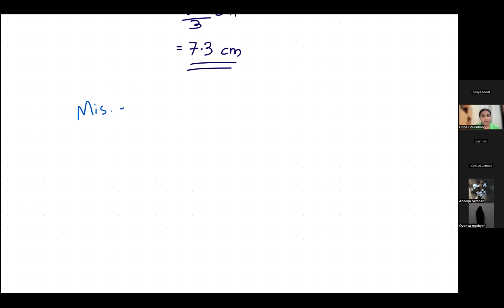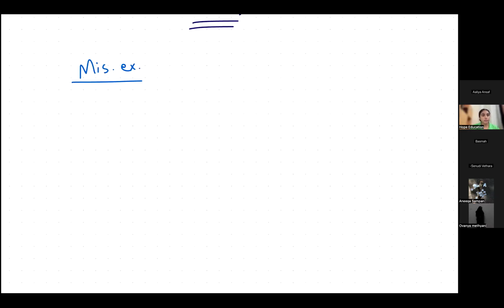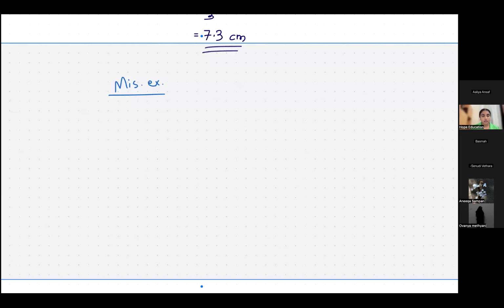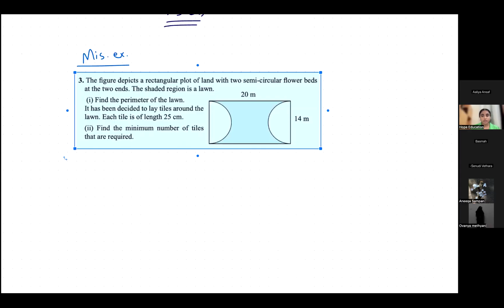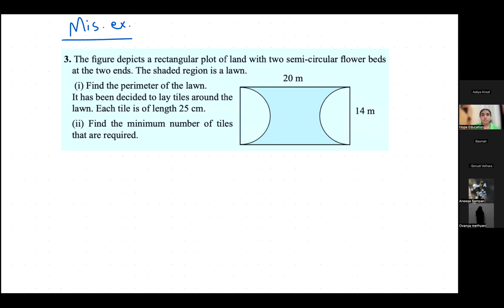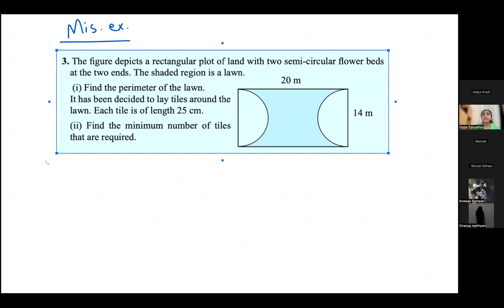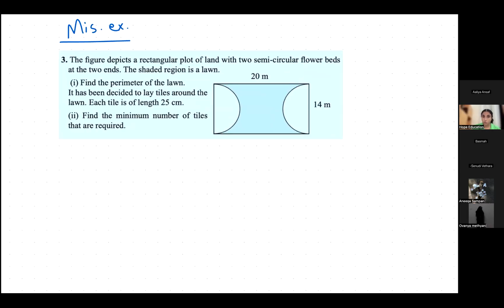Miscellaneous exercise third. So let me get the third question to the whiteboard. We have a rectangular plot of land with two semicircular flower beds at the two ends.